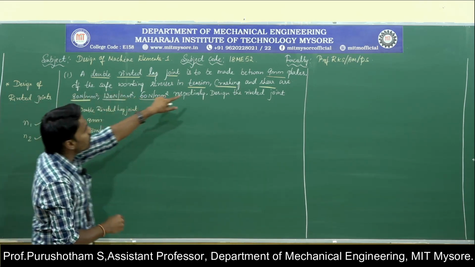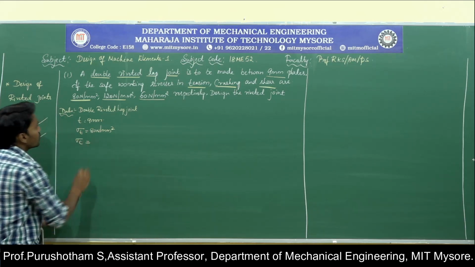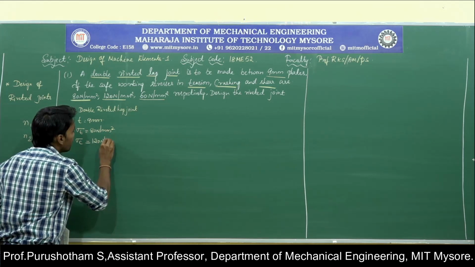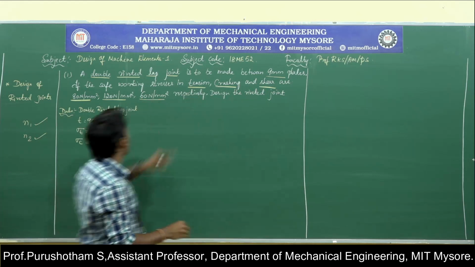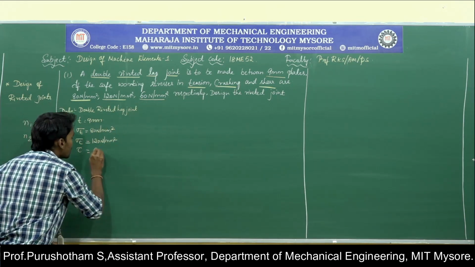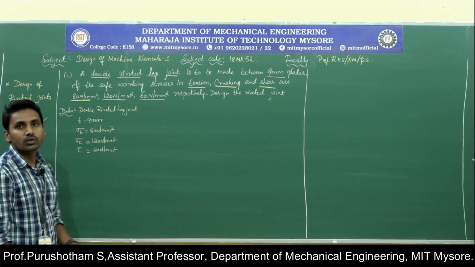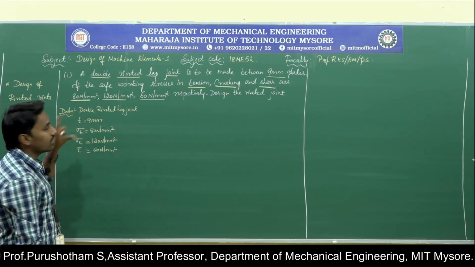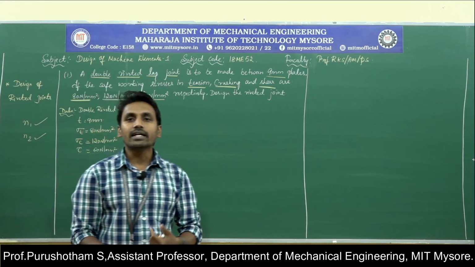Safe working stress in crushing I will denote by sigma c, which is 120 Newton per millimeter square, and safe working stress in shear I will denote by tau, which is 60 Newton per millimeter square. So these are the given data. For this given data, we need to design a double riveted lap joint.